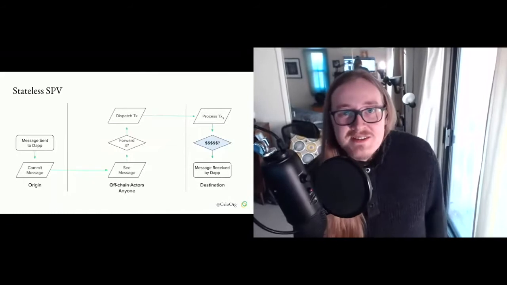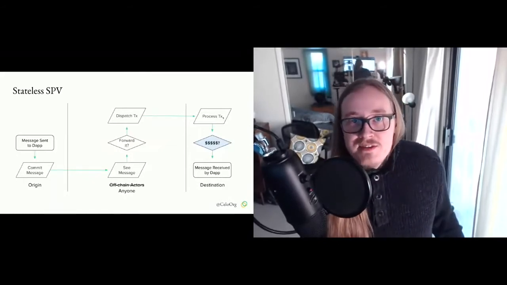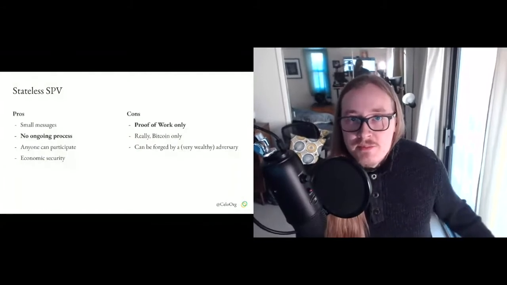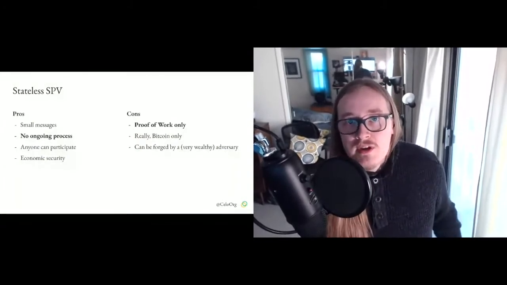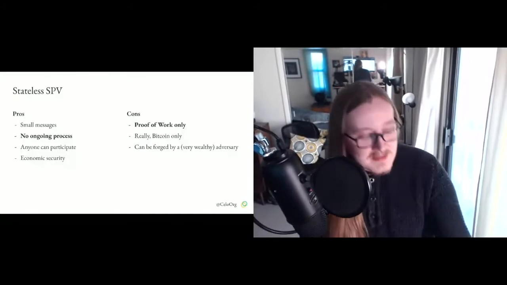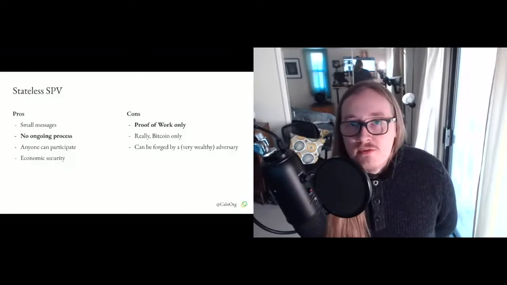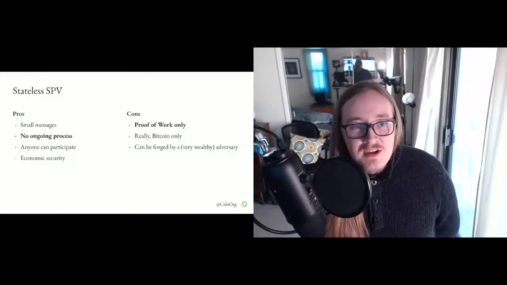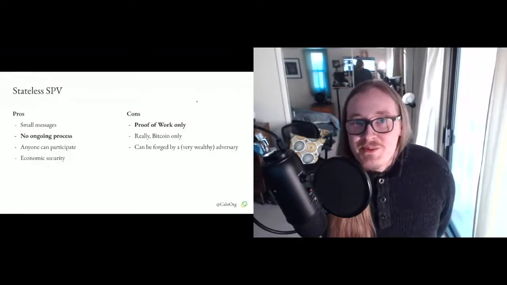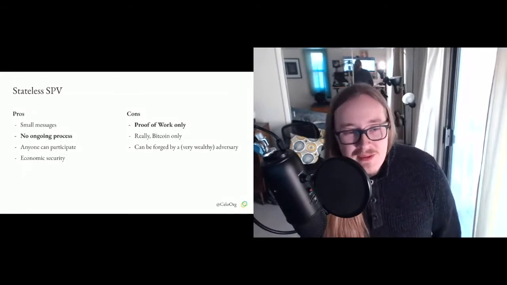The con is that it's proof of work only. It relies on this unforgeable costliness, the objective costliness that proof of work has and proof of stake doesn't. And in practice, because people have selected these really terrible proof of work algorithms like ETH-hash, it only works for Bitcoin, which has a reasonable, commonly used hash function for proof of work.